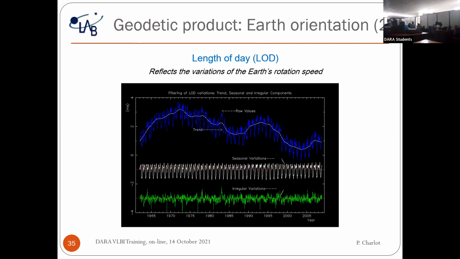It varies at the level of 1-2 milliseconds, or at smaller levels too. And some part is not predictable because it depends on things happening in the atmosphere. This is why you need to measure it.